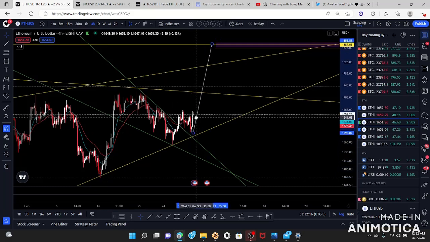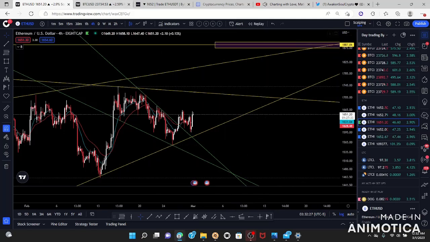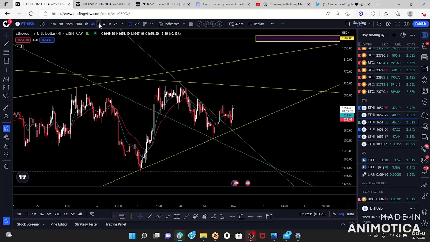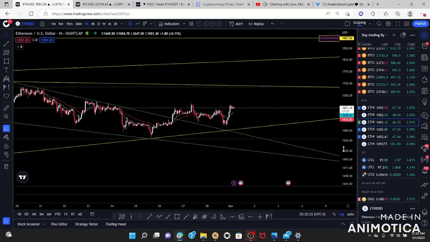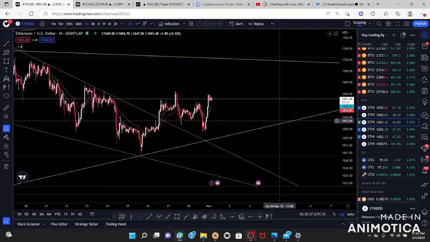Just more accurate here. We have the same measure move from the flagpole that gives us that weekly target confluence, guys. Now within the 1 hour, I see this contraction phase.